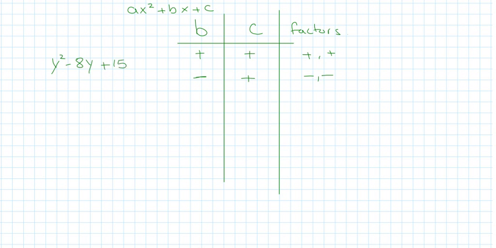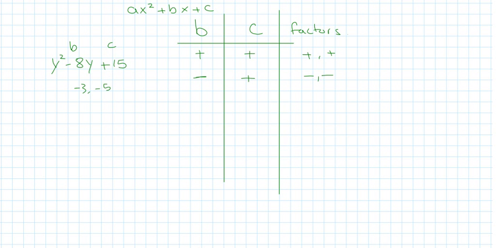You see that B is negative and C is positive, and I ended up with two negative factors. My factors were negative 3 and negative 5, so they're both negative. So when you see that B is negative and C is positive, you know that both of your factors are going to be negative.